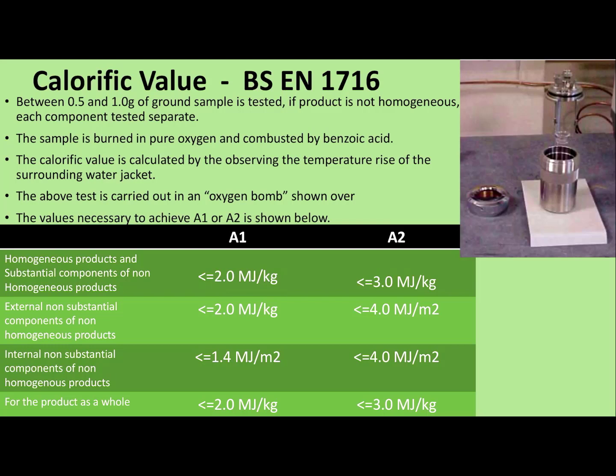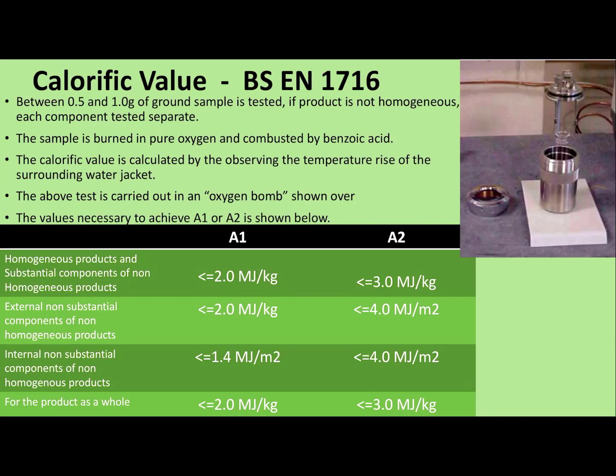If the product is a sandwich board, for argument's sake, where the outside is calcium silicate and something else is on the inside, some hydrocarbons, then both products would need to be tested separately, and then depending upon the volumes of the test, the calculations will be weighted to give a final value.